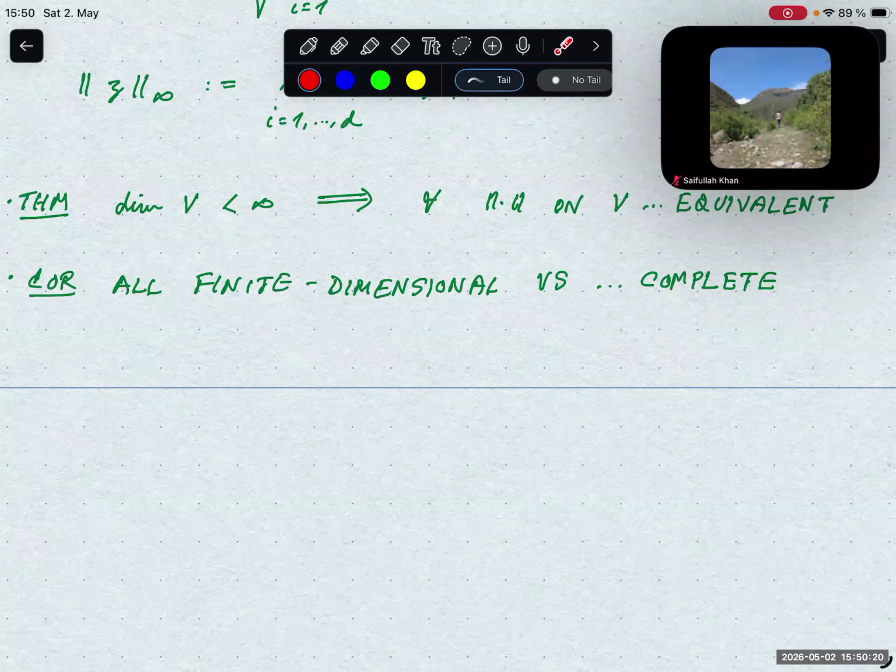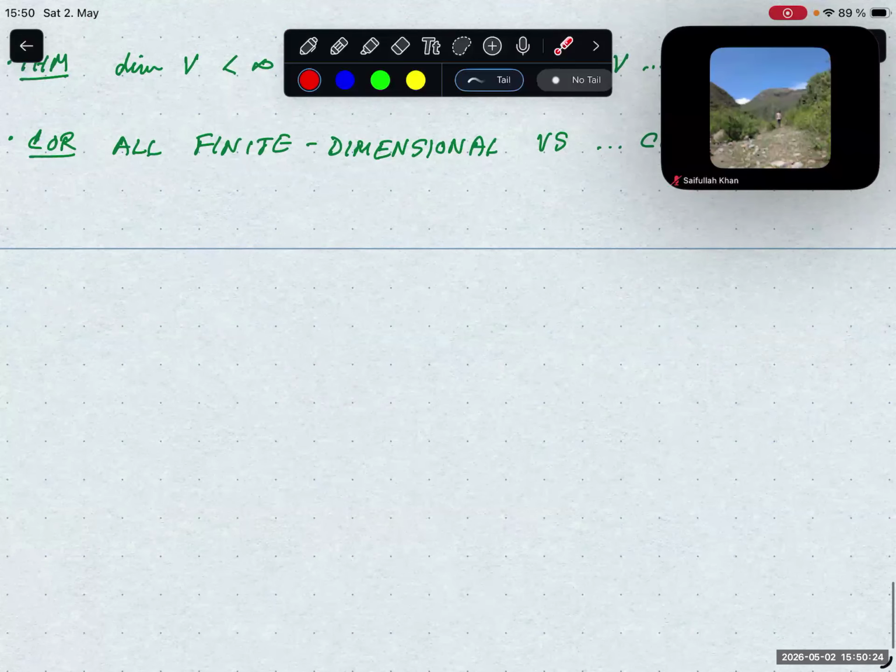Now let me introduce some functional spaces. So, okay, let's just put it.